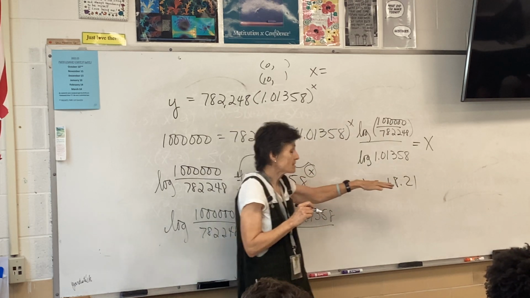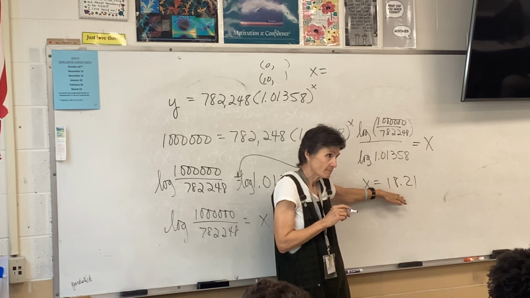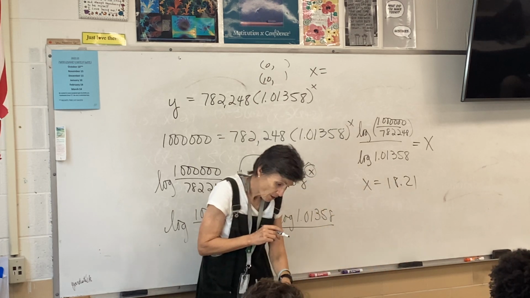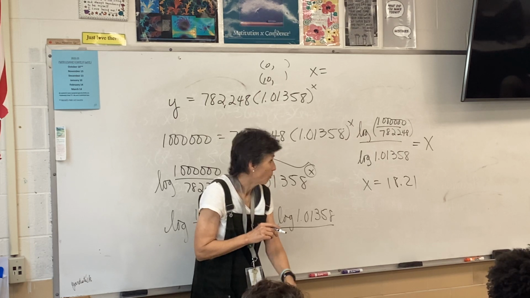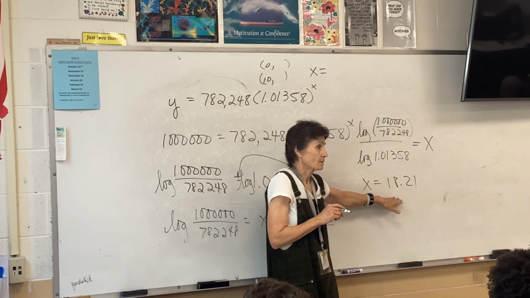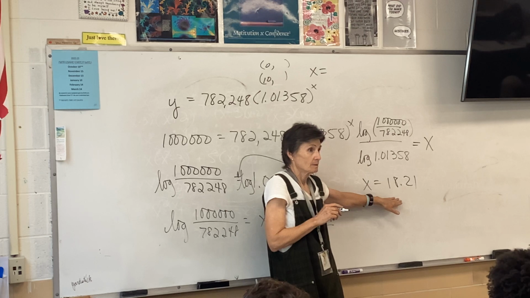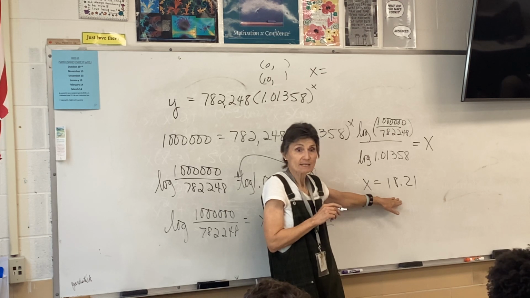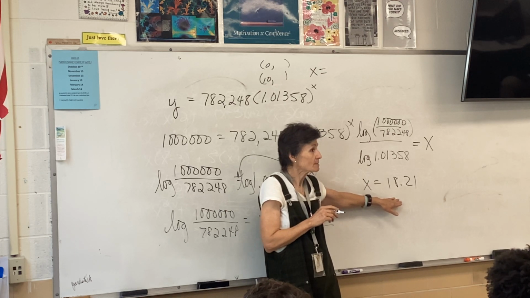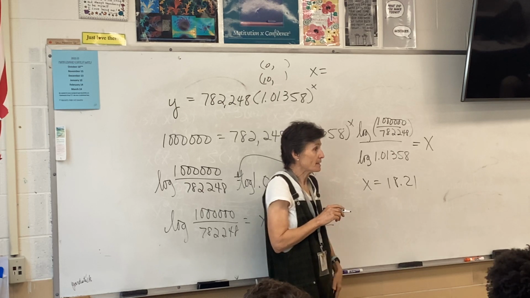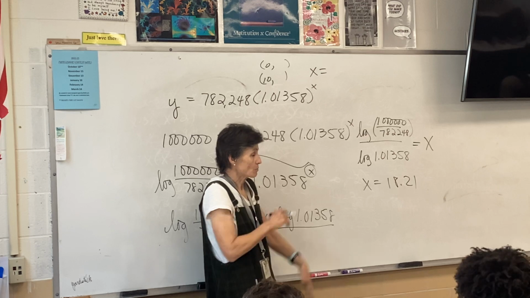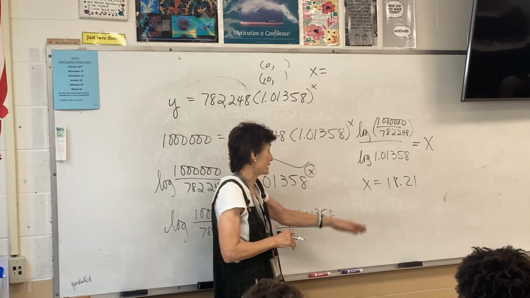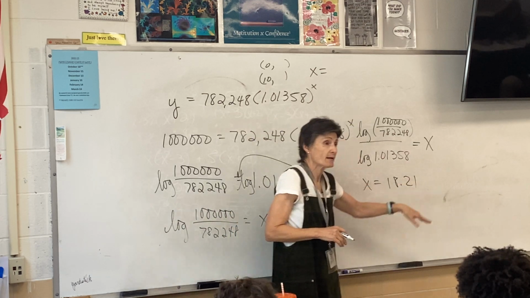So if the answer is 18, and it says, when will the population surpass, what are you gonna say? In 2008? Sometime in 2008? Because we started counting in 1990. So early in 2008.